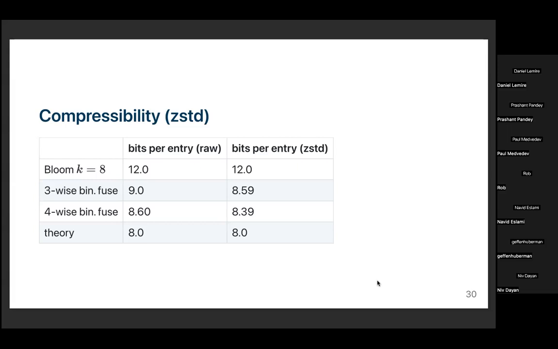I didn't go through it because I wanted to respect the time, but you've got this array of fingerprints, and in the case of binary fuse filters, you don't use all of the space. Some of it is unused and remains at 0. This means it is actually compressible.